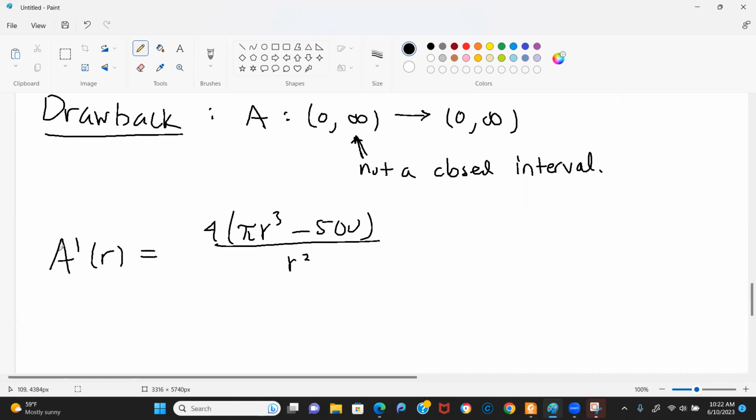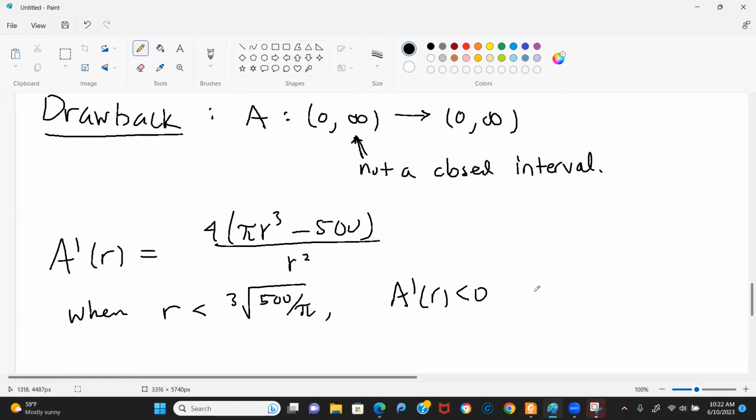And if you know that when r is less than this critical point, then the derivative is negative.